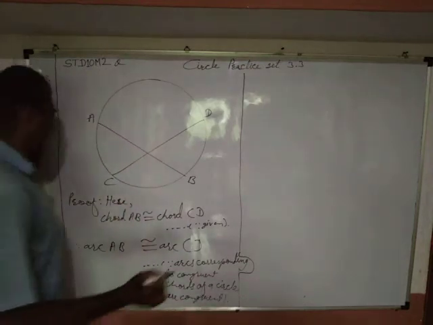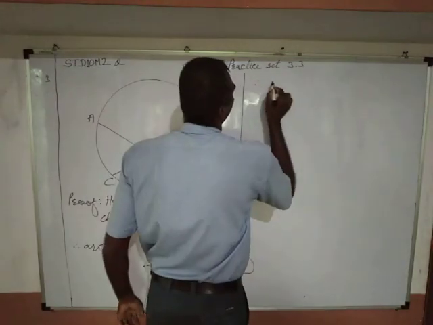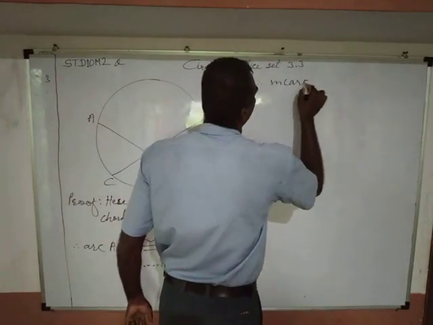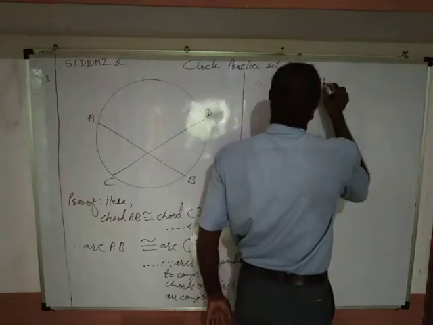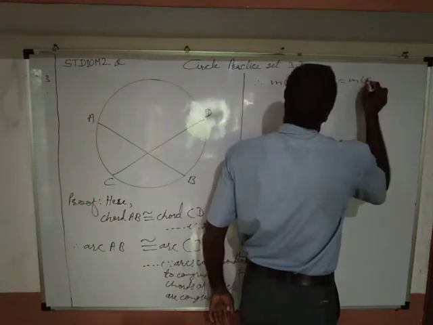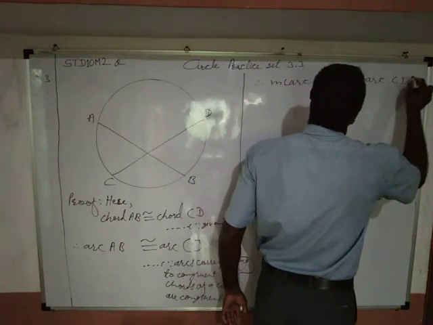Okay, and therefore measure of arc AB equals measure of arc CD.